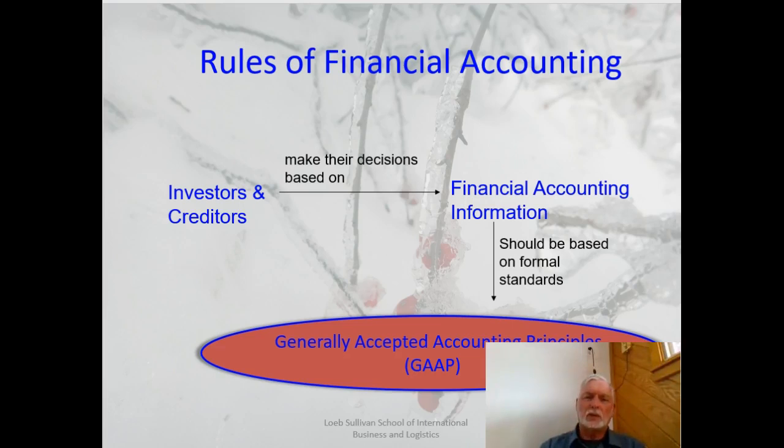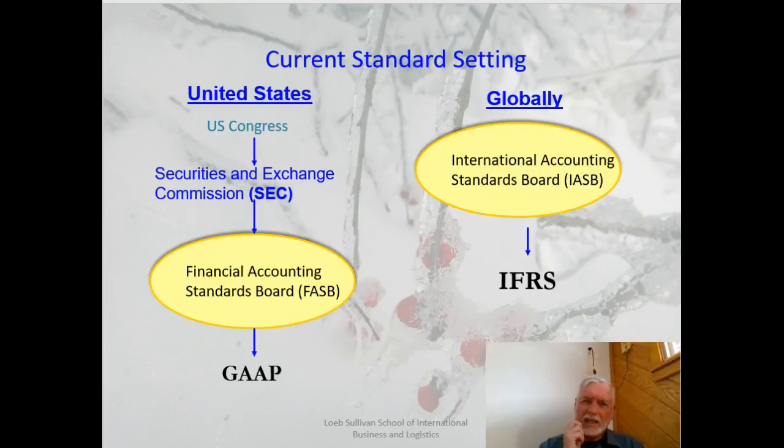So where do those standards come from? Well, in the U.S., Congress, the federal government, gave the responsibility to the Securities and Exchange Commission to regulate public companies that are selling stock to the public.